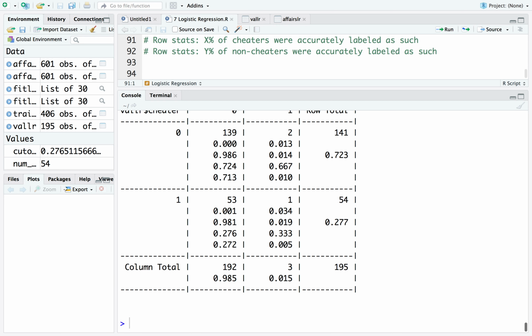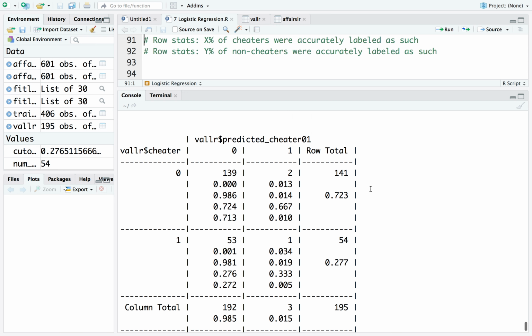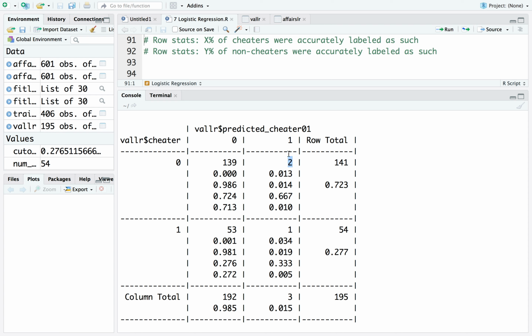I run this, and now, of the people that are not cheaters, 98.6% are classified as non-cheaters. 0.14, or 2 non-cheaters, were accused of being cheaters. This is an error. We were able to capture 1 cheater, just 1. And 53 of the cheaters, we have labeled them as innocent.